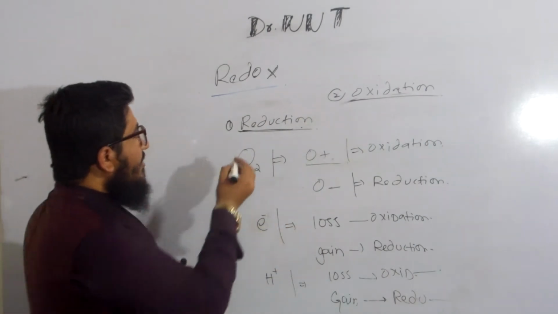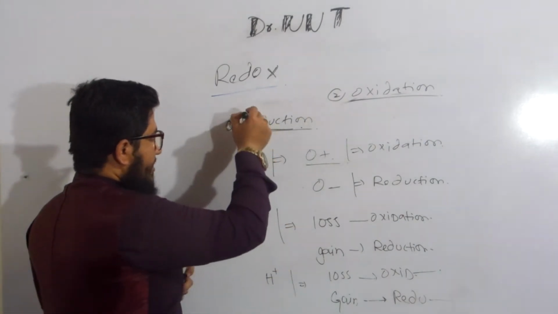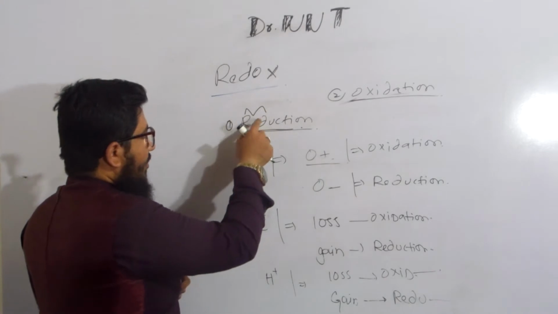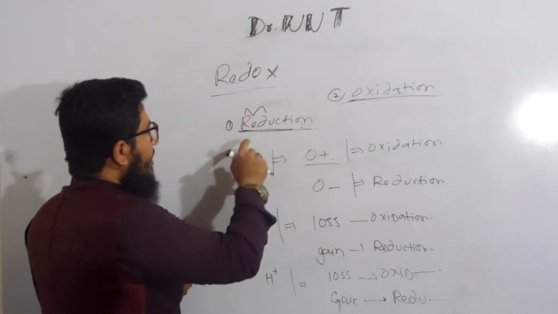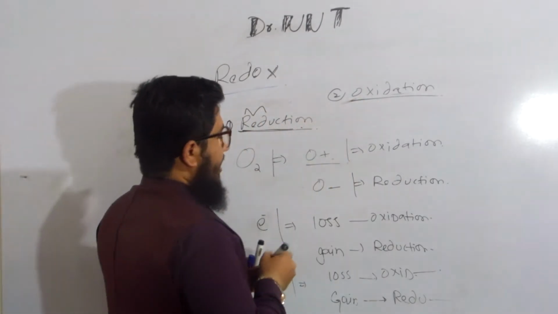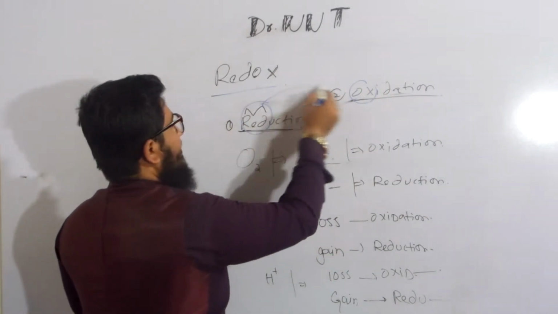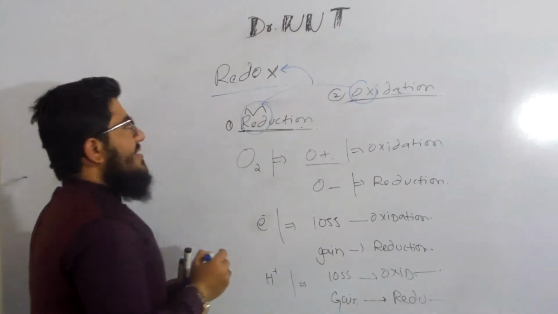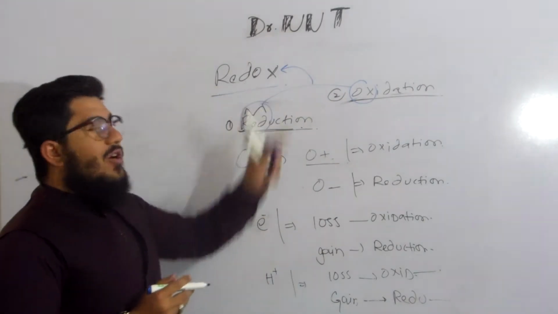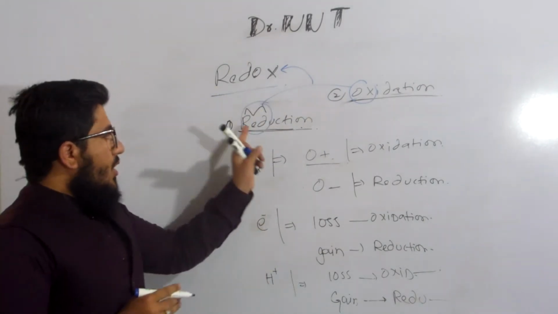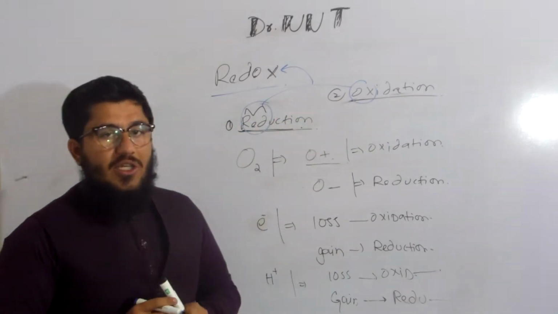How? When we take RED from reduction and OX from oxidation, then we get the word redox. So redox is the combination of reduction and oxidation.